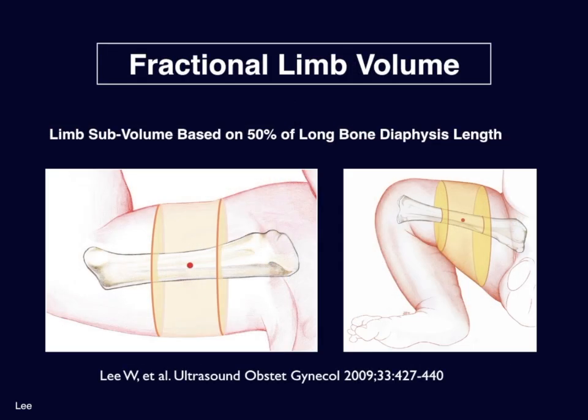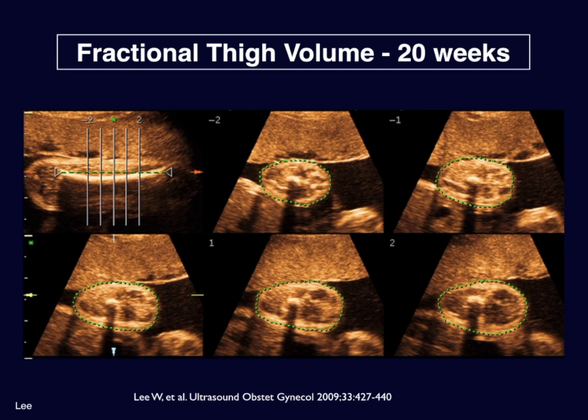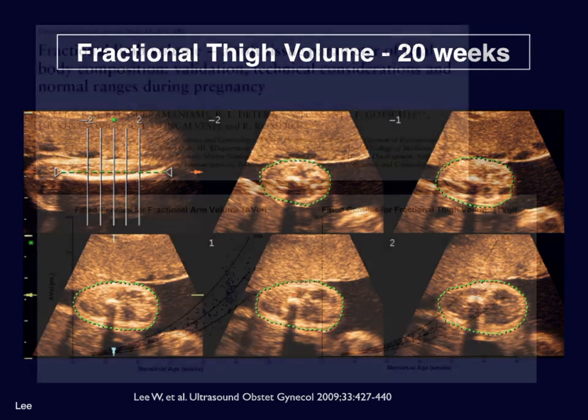3D ultrasound can now be used to measure fractional limb volume, which is a limb soft tissue volume based on 50% of the long bone diaphysis. This fetal size parameter uses software to measure a femur or humerus diaphysis length. The software centers 5 evenly spaced image slices of a limb subvolume that includes fat, muscle, and bone in the mid-fetal arm or thigh.